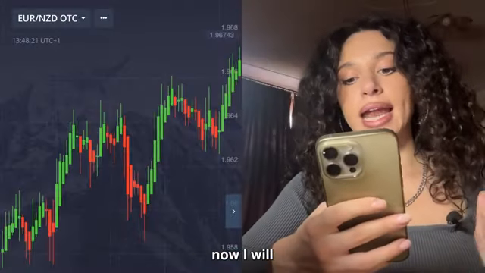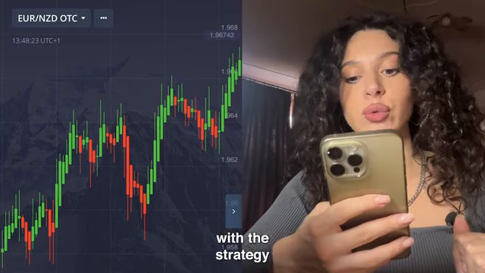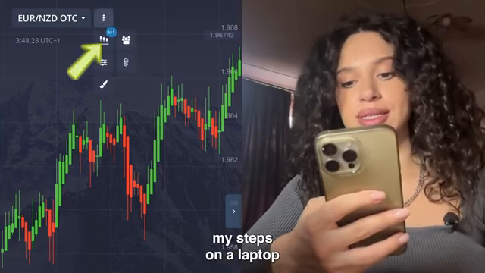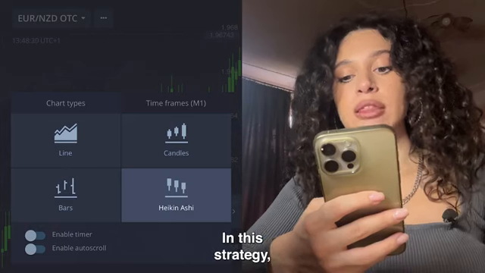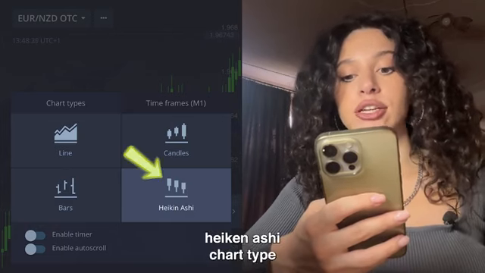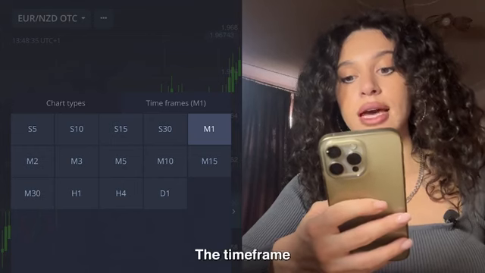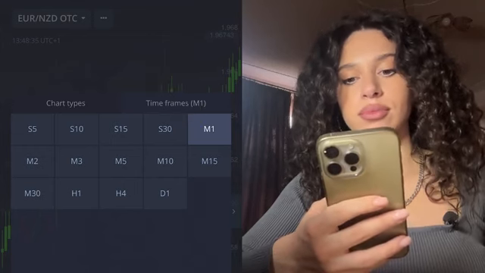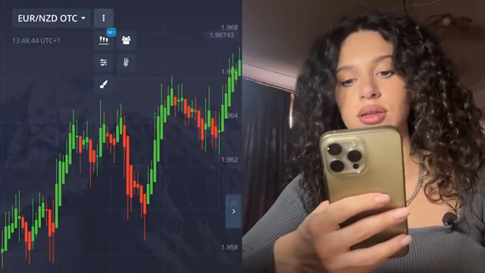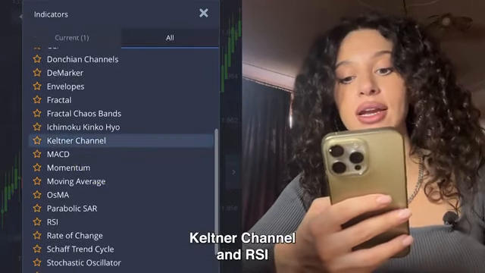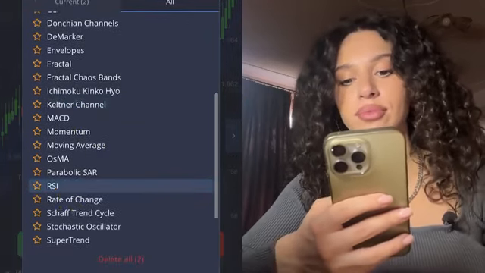Look carefully. Now I will configure my account to work with the strategy. I'm working on a phone, but you can easily repeat my steps on a laptop. In the strategy, I use the Heikin-Ashi chart type. The time frame will be 1 minute. I will open the list of indicators and select Keltner channel and RSI.